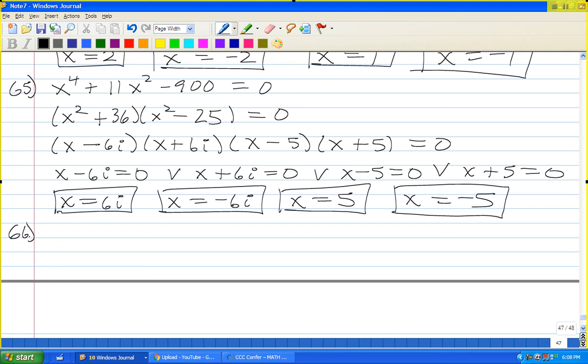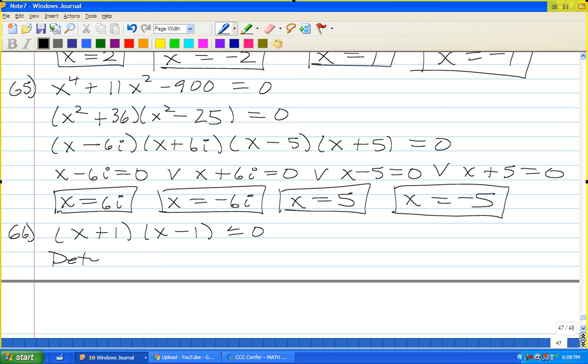Let's do problem number 66. x plus 1, x minus 1 is less than or equal to 0. Solve the inequality, graph the solution set, and write the solution set in interval notation. Okay, so it's already in standard form, factor standard form.